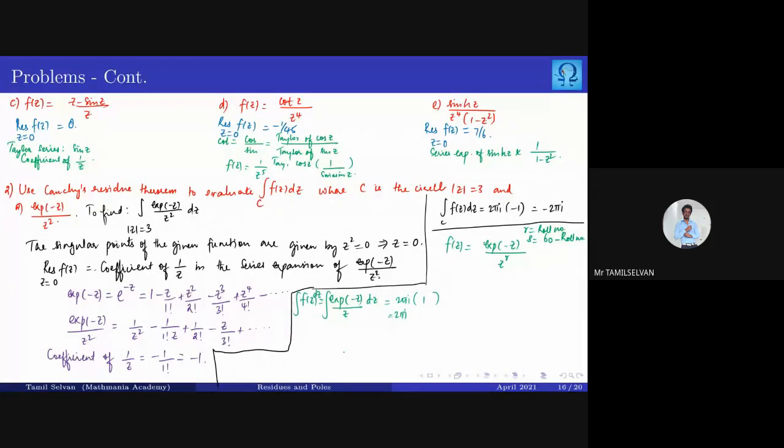Now, Akash. Sir, can you hear me? Yes. Problem is exponential of minus z upon what? Sir, z only. Z. Your roll number is 1?